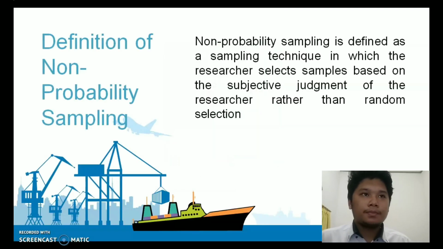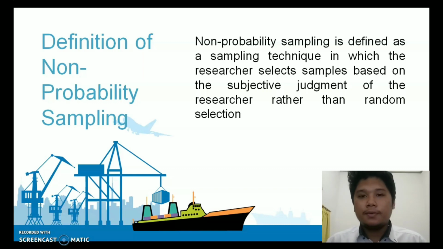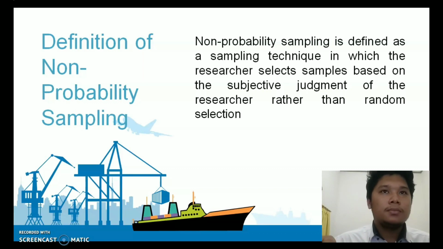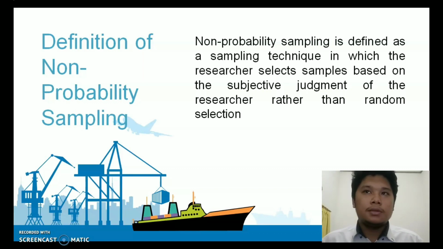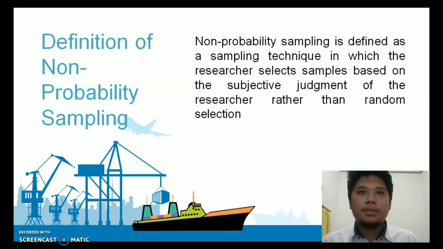But first, I am going to explain its definition, the definition of non-probability sampling. Non-probability sampling is defined as a sampling technique in which the researcher selects samples based on the subjective judgment of the researcher rather than random selection.